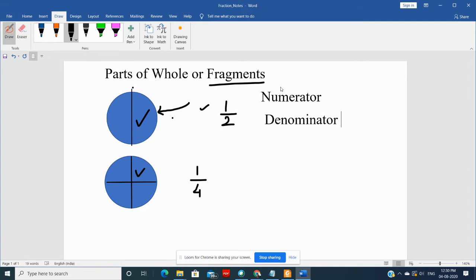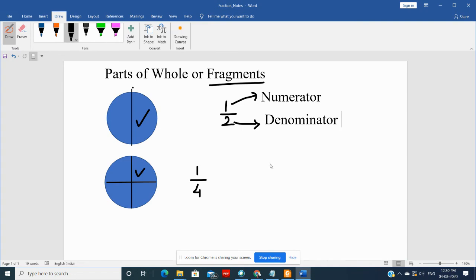So this part which we are using is the numerator, and this total part is called the denominator. Total there are 2 parts. Out of that we are just using 1 part.